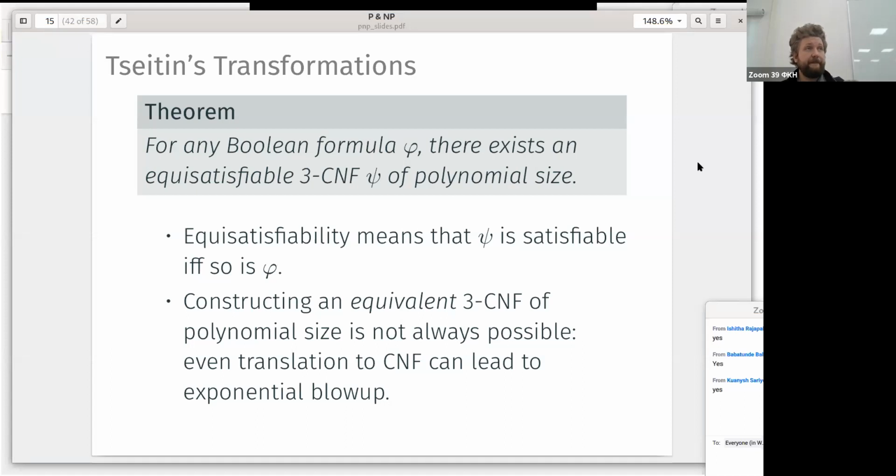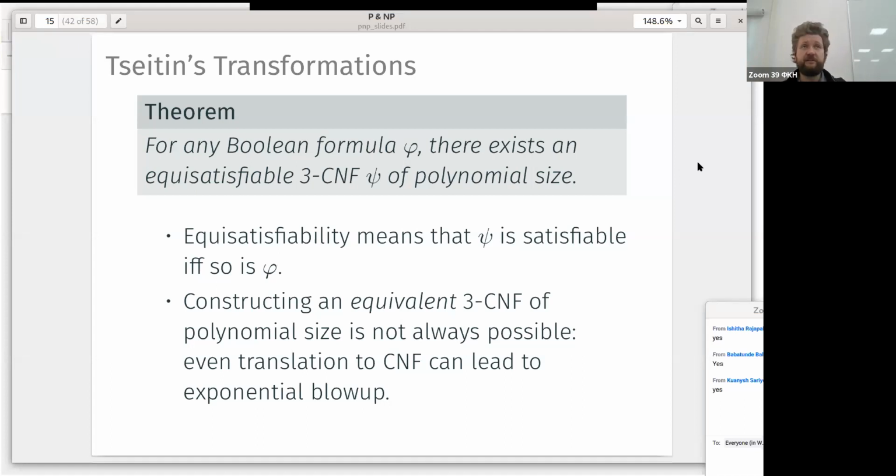But this is not possible for Tseitin's theorem because there are two obstacles. The first one is that if you transform your formula into a CNF, then you can get exponential blow-up. If you start transforming, you have to open up all the brackets and your formula could grow exponentially.